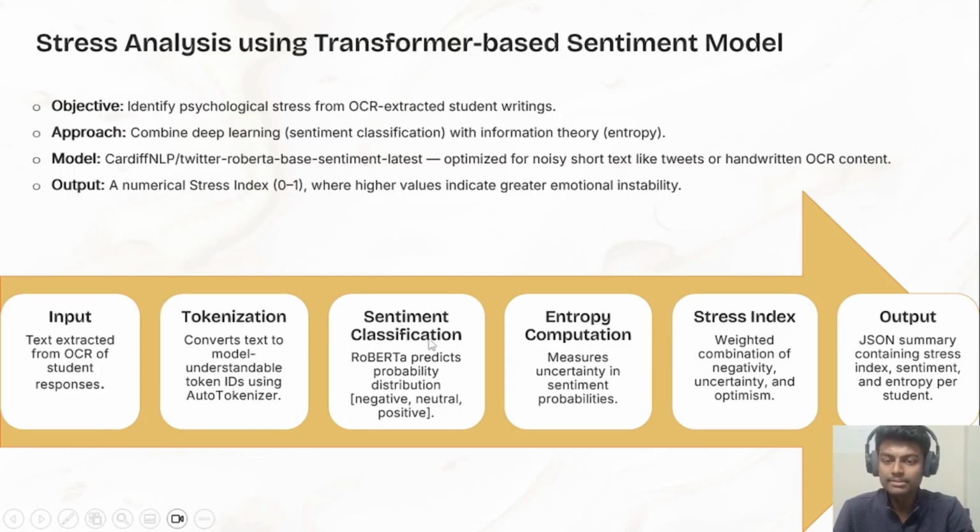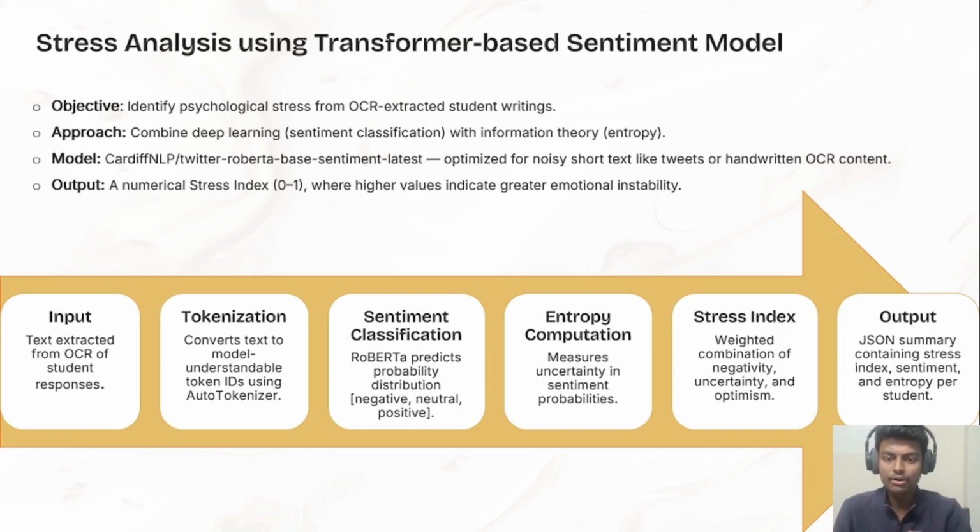For sentiment classification, we are using RoBERTa that predicts the probability distribution, and our output will be a probability distribution over all three: negative, neutral, positive. And the entropy computation measures uncertainty. Entropy is the randomness of our model, how random our model is.